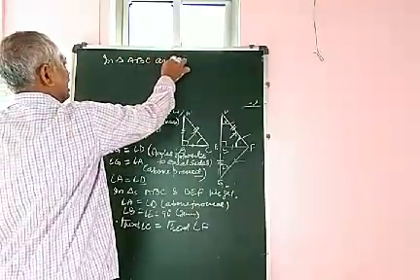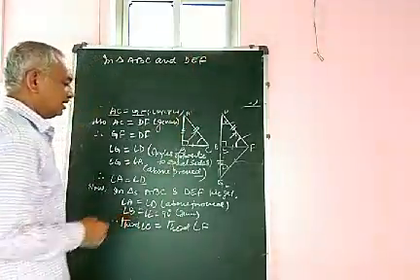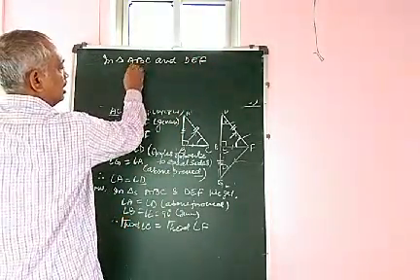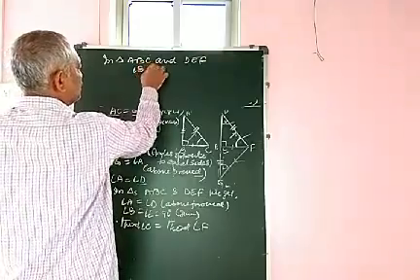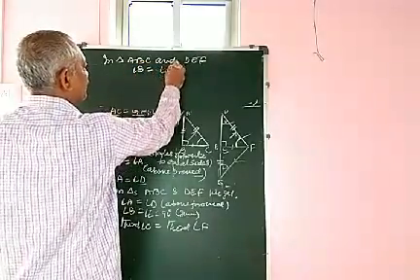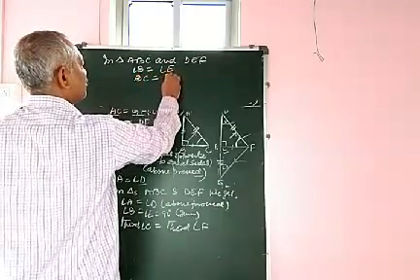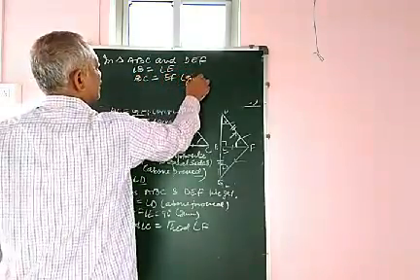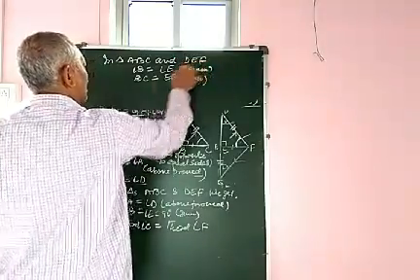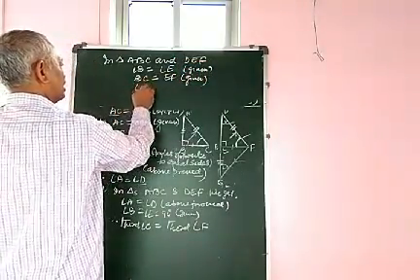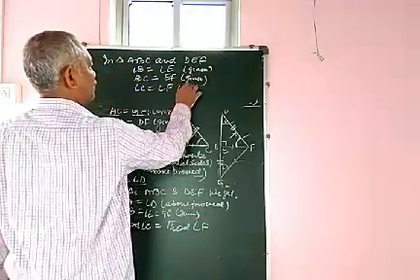Now in triangles ABC and DEF, angle B is equal to angle E and BC is equal to EF, given, and angle C is equal to angle F, proved above.